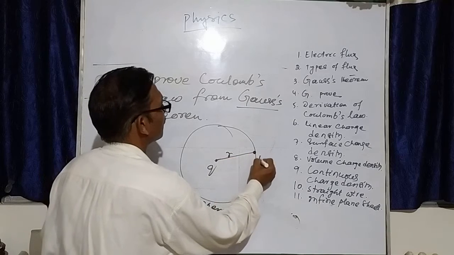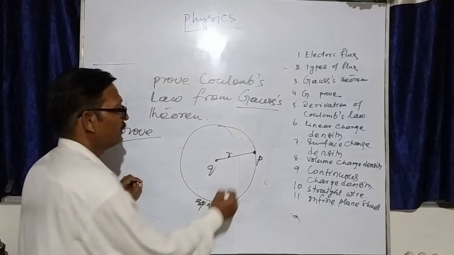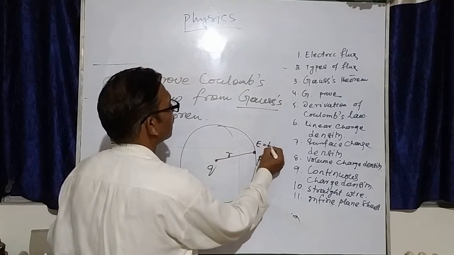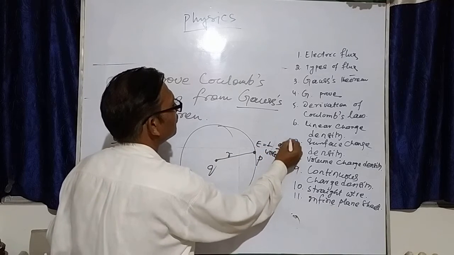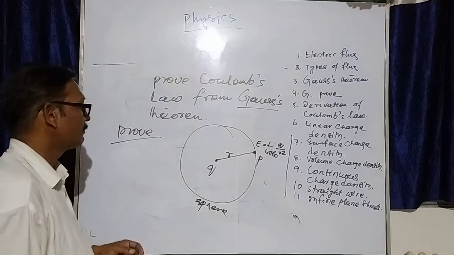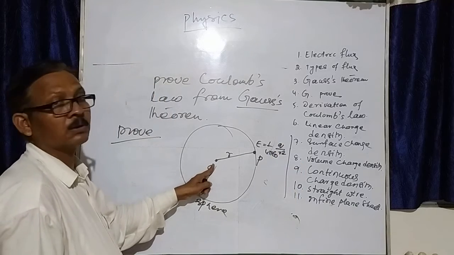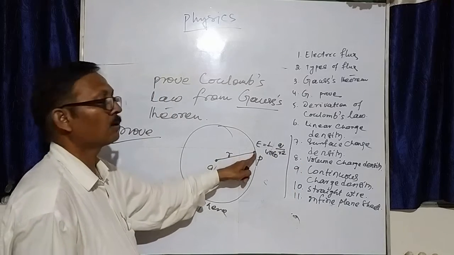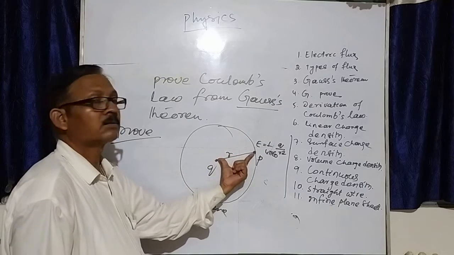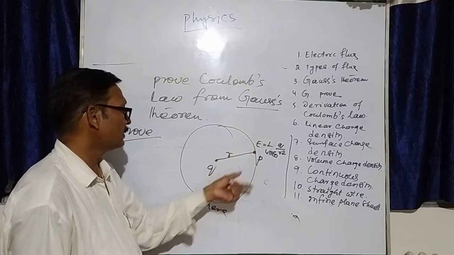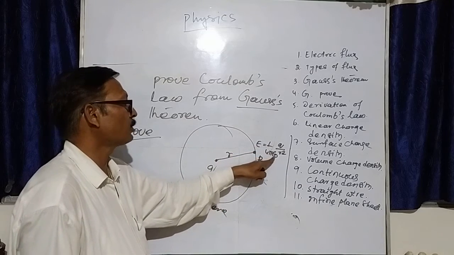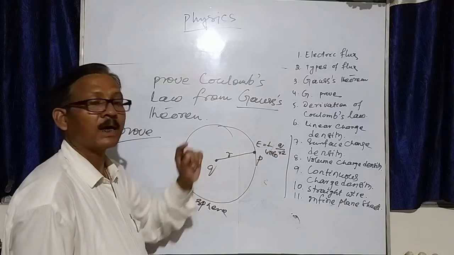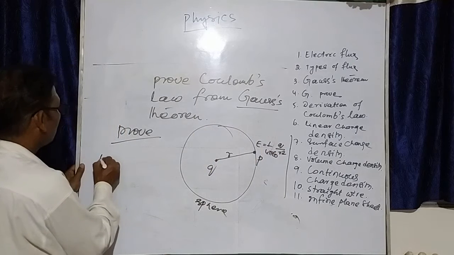This is your point P. Here the electric field is E equal to 1 by 4 pi epsilon 0 q by r square. This is the charge, this is the distance or radius r, this is a sphere, and the electric field at P is 1 by 4 pi epsilon 0 q by r square.